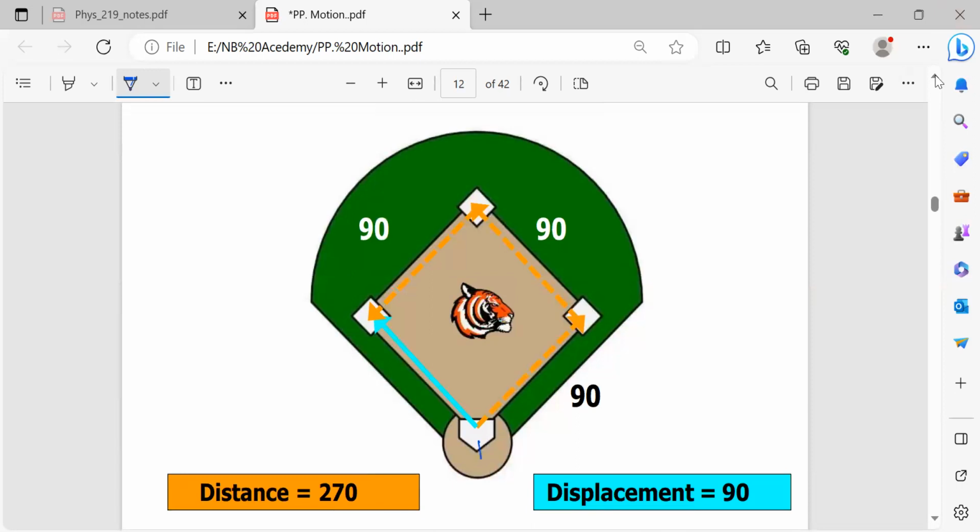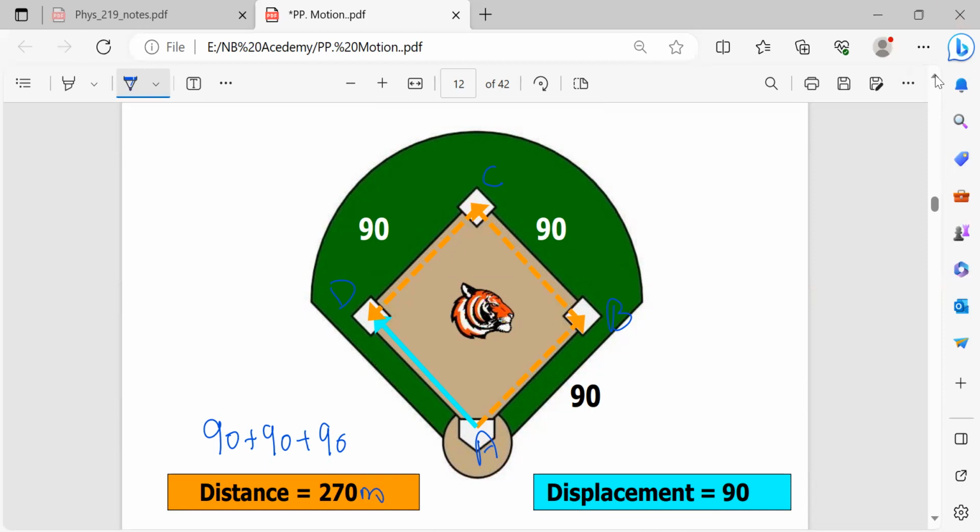Then the object continues its motion to point D. What will be the distance? It will be 90 plus 90 plus 90. So the total distance will be 270 meters.